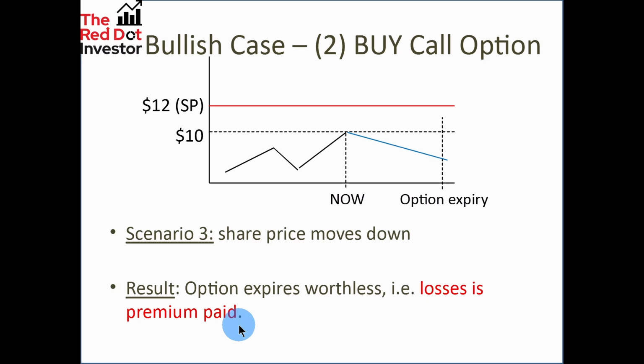Scenario 3 is whereby the share price moves down, so it can move from $10 all the way to say $6 or $7. In this, the result is that the option will also expire worthless. So the loss that I sustain as a buyer will be the premium that I paid upfront for the option.